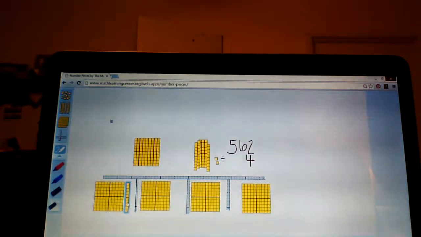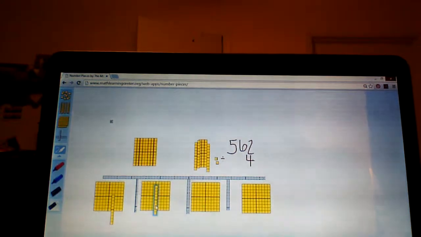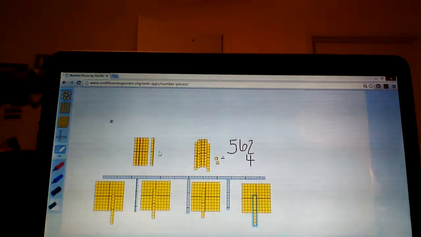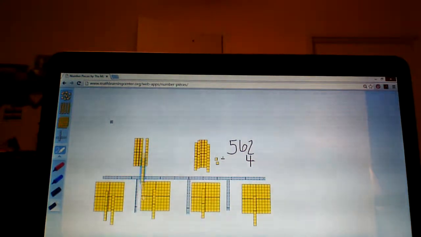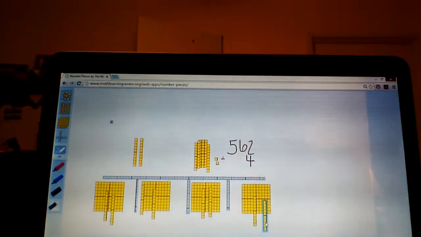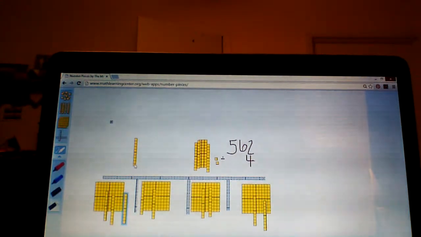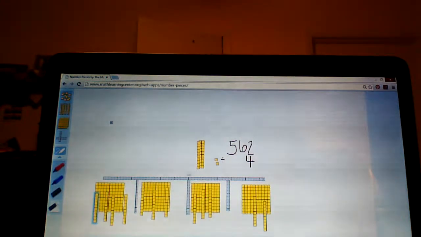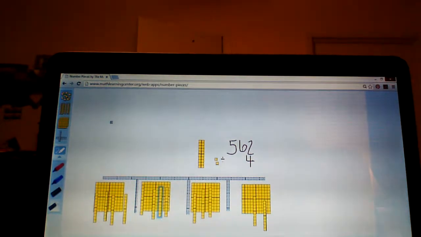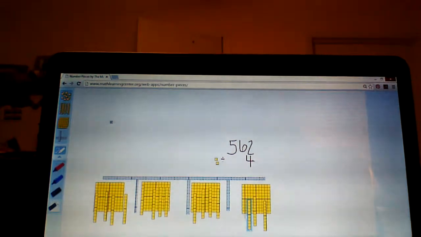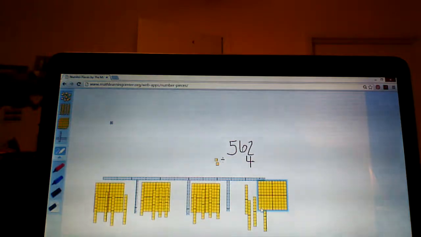Okay, so we have 1 over here. We're going to distribute all the longs. Okay, now all our longs have distributed evenly.